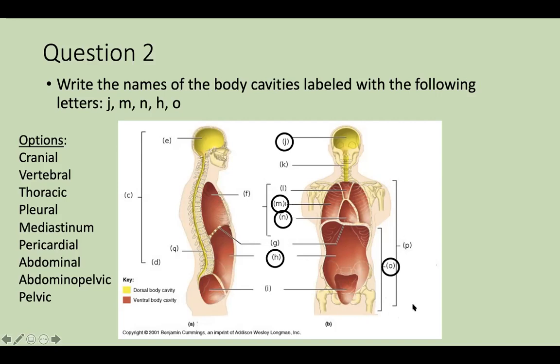I can't remember what they call this whole upper body part. But the cavities you definitely want to know, and you want to know that this is the ventral body cavity, and this is going to be the dorsal. The dorsal is on the back, the yellow colored pieces, and then ventral is going to be the anterior, the front of the body.